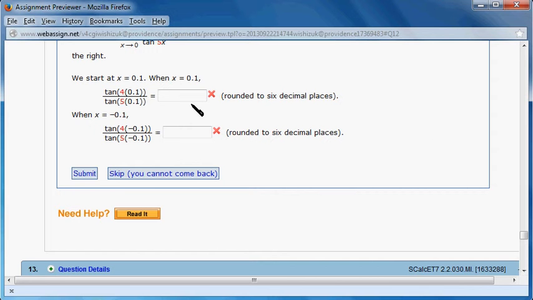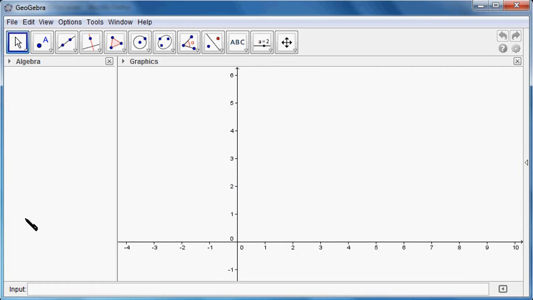Alright, so start with x equals 0.1. We just have to plug it in, so we need help with a calculator or some kind of software. I'm going to define a function using GeoGebra.